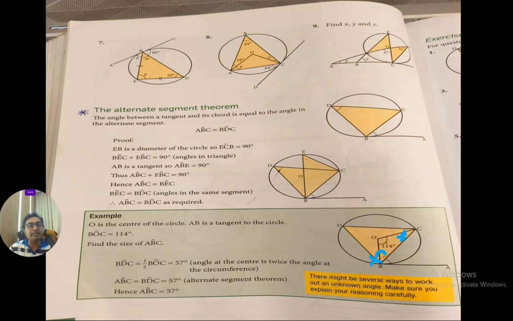So 2x plus 114 is equal to 180 degree. So 180 minus 114, 66 degree is equal to 2x. So divided by 2, x is equal to 33 degree. So these two angles are 33 degree.